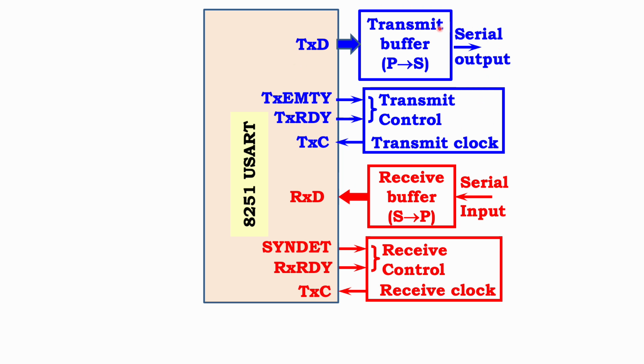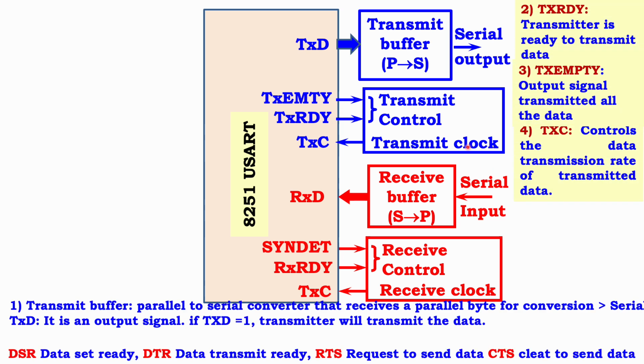One is the transmission module, the other one is the receive module. By using the familiar signals TxD, TxRDY, TxEMPTY and the TxC control, the signal can be transmitted to the output of a peripheral device.